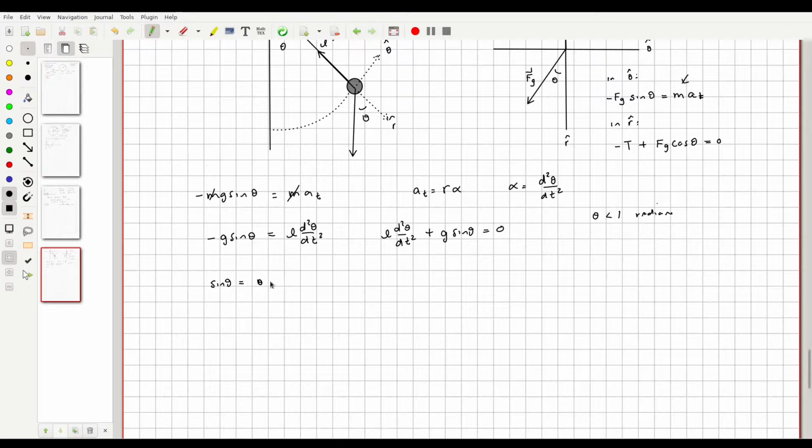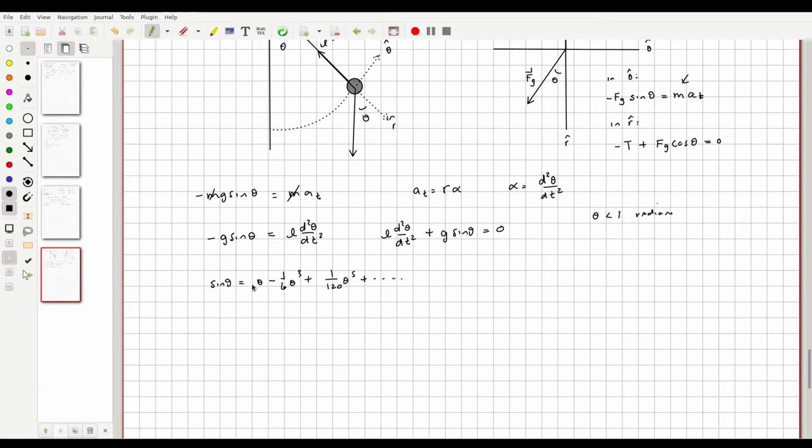It's theta minus 1/6 theta cubed plus 1 over 120 theta to the fifth, and higher order terms, basically out to infinity. And the idea is that if you have an infinite number of terms here and you plug in your theta, whatever your angle is, the right side and the left side will agree.